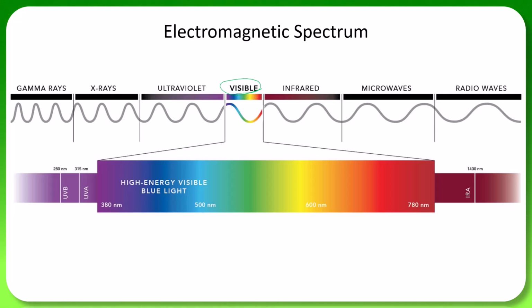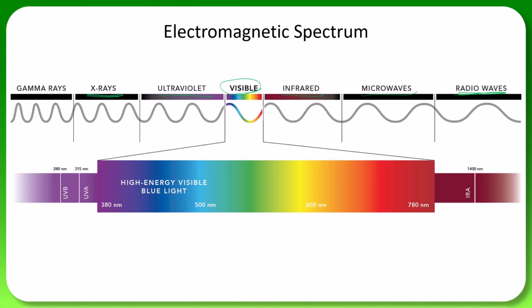Obviously, if you go to the right of red in this case, where the wavelengths get larger than red, we get into the infrared, we get into microwaves, which we obviously use to heat up or cook food, and then you get into radio waves, which are the largest of the waves within this electromagnetic spectrum, and we use those to do long-range communication. If you go to the left of violet and we start getting smaller wavelengths, you get past violet to ultraviolet.